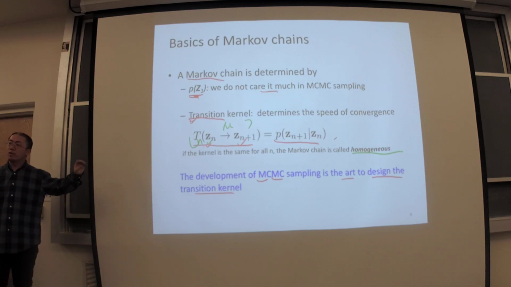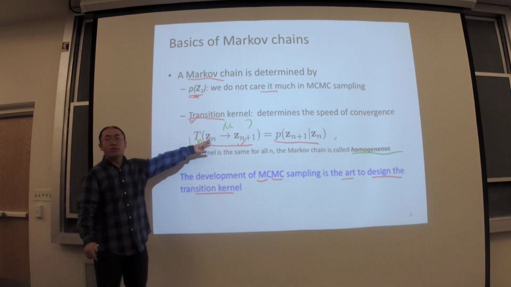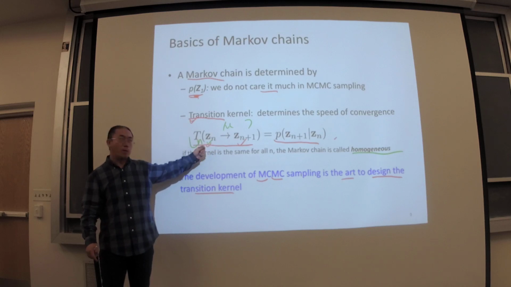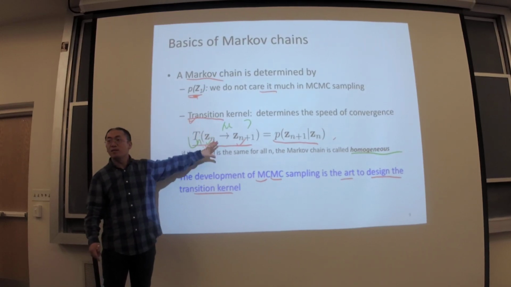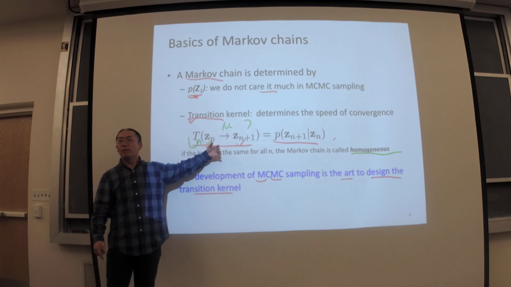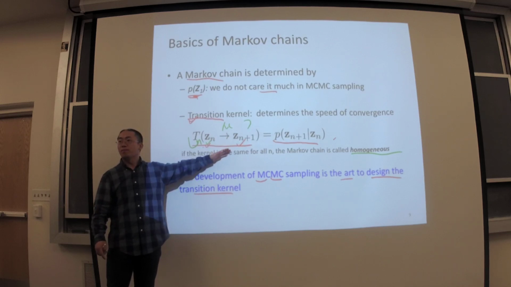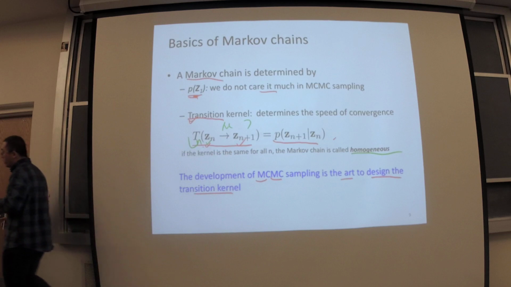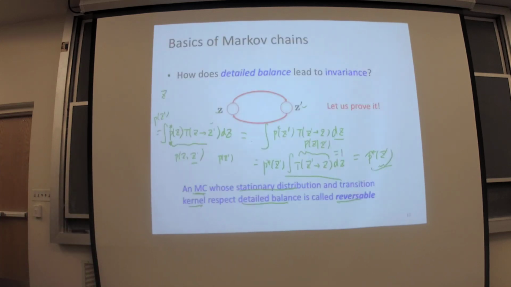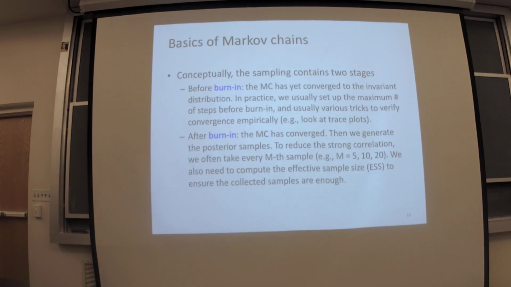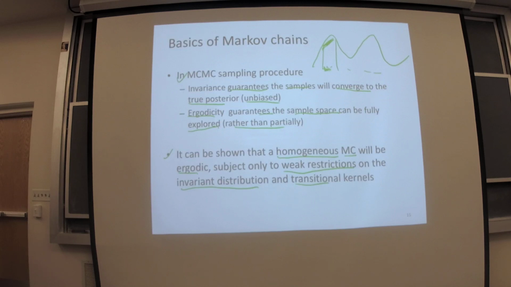The parameters do not depend on n, right? It's homogeneous. But if your parameters depend on n, like at step 1 you have the mean to be 0 and variance to be 1, and at step 2 you have the mean to be 1 and variance to be 2, then it is inhomogeneous. Inhomogeneous is kind of weird, so in practice people always use homogeneous Markov chains.